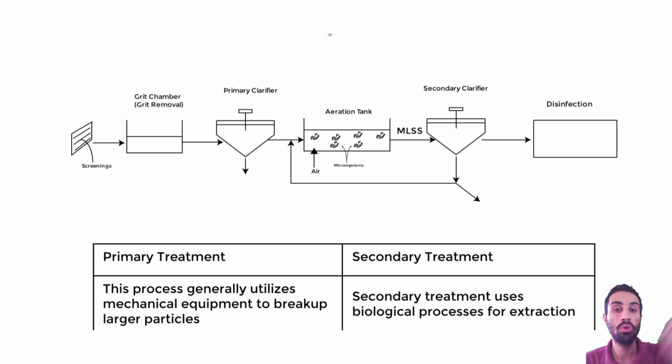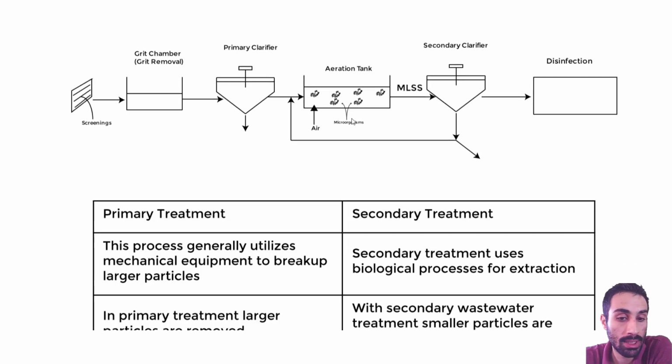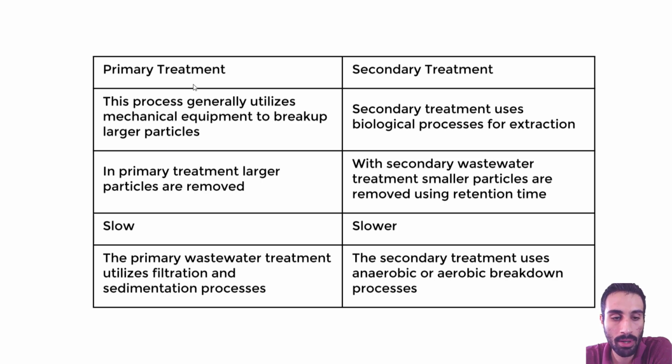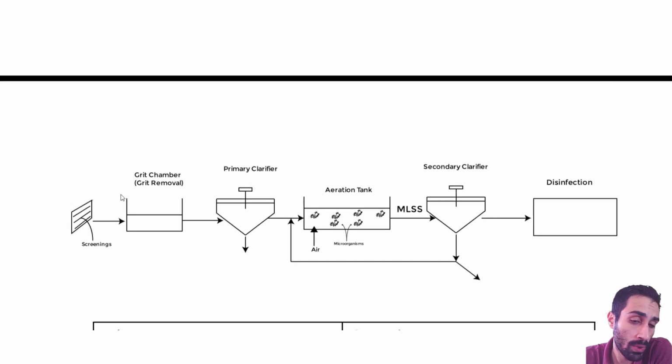Primary treatment consists of basically removing the solids. It's a slow process, and it utilizes filtration and sedimentation, and we also remove things like cans of Coke or bottles through screens.